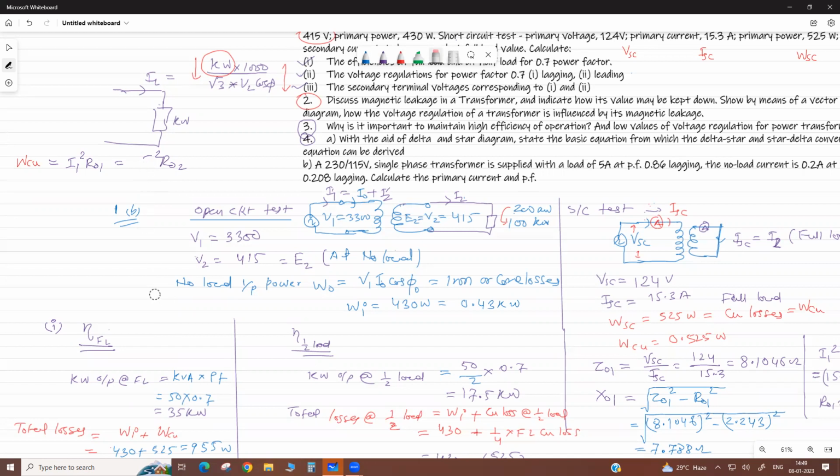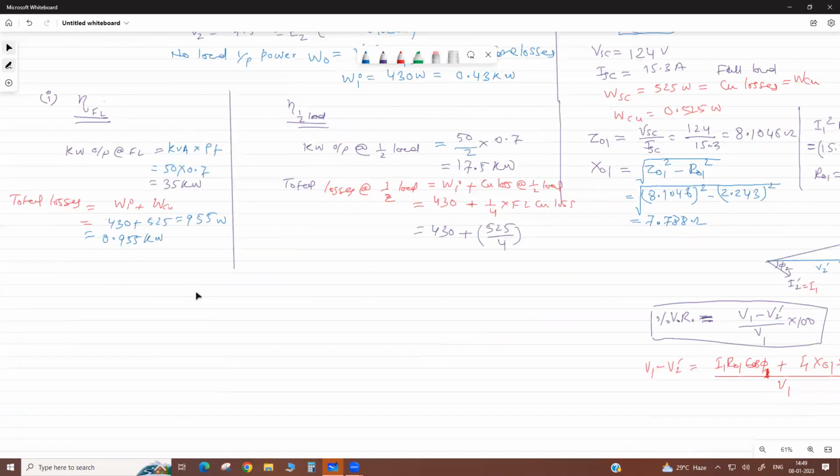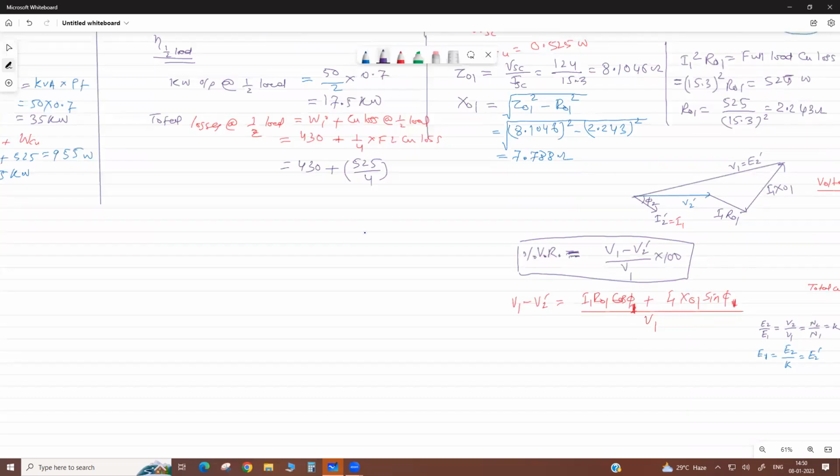Current half means half load current. Copper losses depend on load. What is the load on the transformer? So this becomes 1/4. Current is half, and your copper loss is I square R.